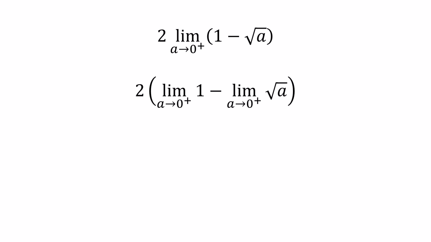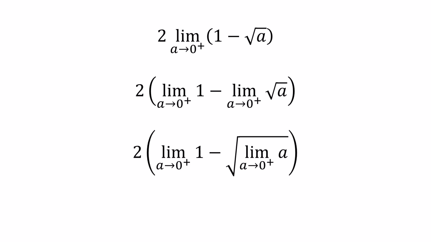Using limit properties, we obtain 2 times the limit as a approaches 0 plus of 1 minus the square root of the limit as a approaches 0 plus of a.